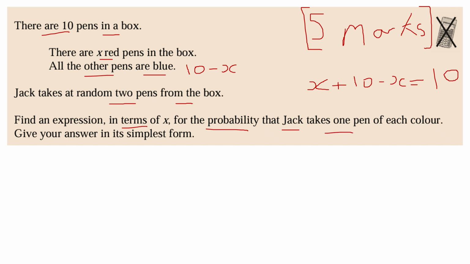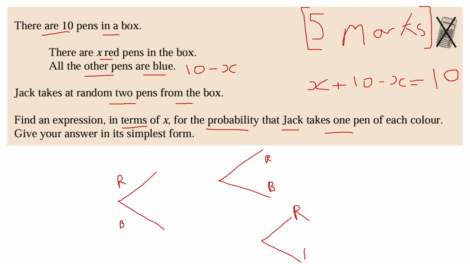So I'm going to set up a tree diagram to help us here, or you don't actually need to do it here. So we're going to have red, blue, red, blue, red, blue. We're looking for the combination of red, blue, and blue, red.